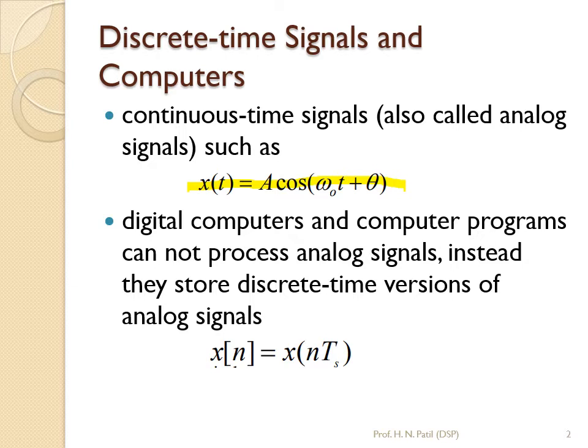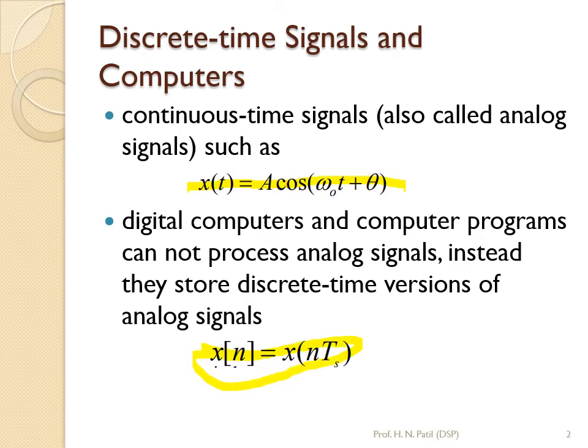Here x of t is a pure cosine signal given by this formula. Now this signal is a continuous signal. It moves continuously in the time domain up to infinite time, and hence digital computers cannot process this signal, because digital computers operate only on discrete time signals, or discrete time versions of analog signals, and that signal can be represented as x of n is equal to x of n Ts.